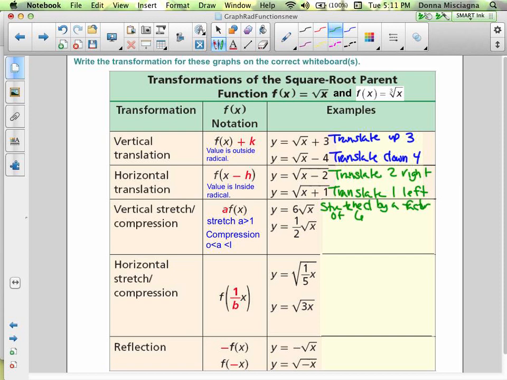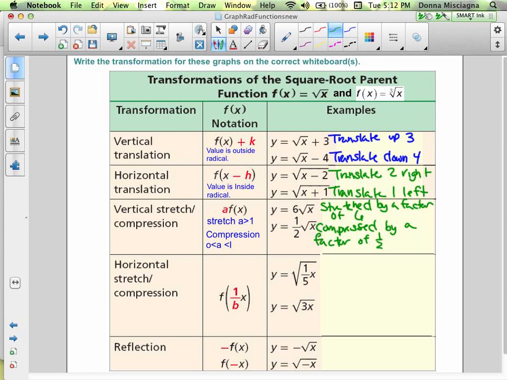That's an R. And then next to that, it would be a vertical compression. So this one was compressed by a factor of 1/2. All the y values are going to be half as big.